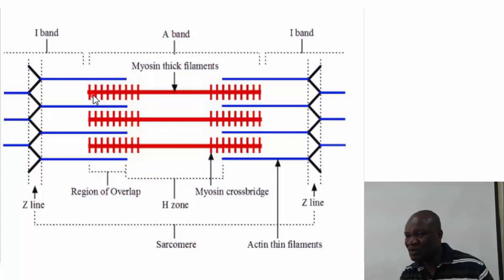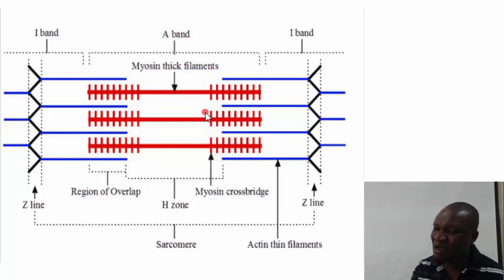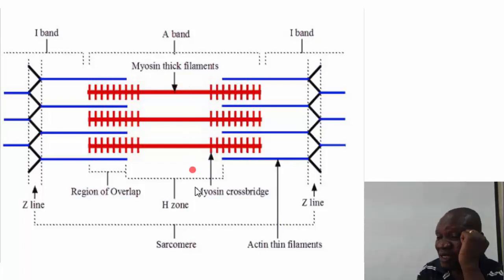Our A band starts from here to there, and it's made up of thick filaments. And at the edges, we have an alternation between thick and thin filaments. So this region appears darker. Now, this region appears lighter, even though it's in the A band. And this lighter portion of the A band is the H zone.